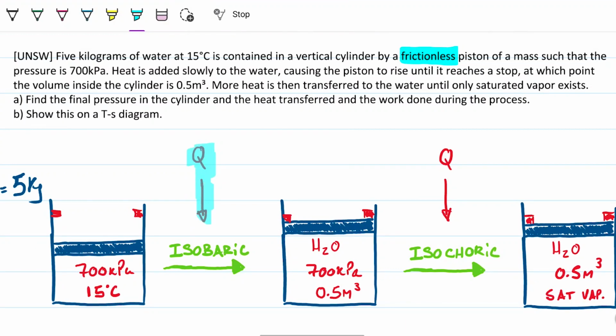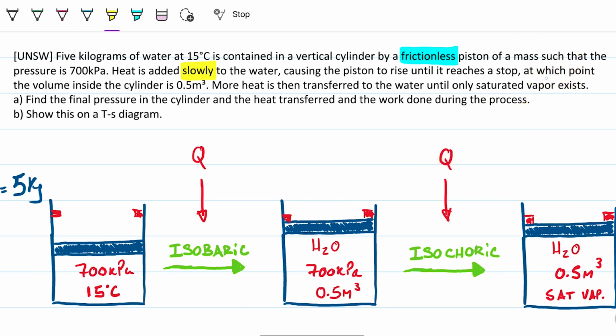And the energy given by this heat is not being lost in the form of friction. All of it's being used by the water. What else? This heat is slowly added. What does that mean? Well, slowly added means that this happens in a quasi-equilibrium manner, such that the pressure is always 700 kilopascals. And again, if you're in doubt, check the previous videos.